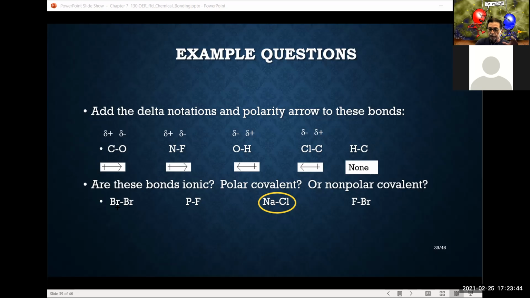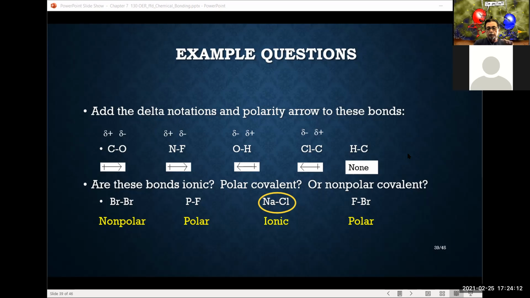Okay, that's that example, A bonded to A. The other ones, phosphorus and fluoride, they're different, polar. Fluoride and bromide, they're different, again, polar, okay? And so the first example is non-polar, and the other two examples are polar covalent bonds, okay?